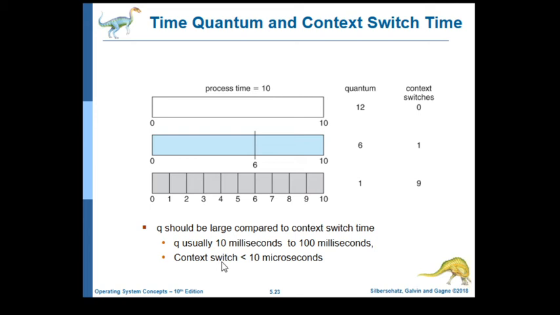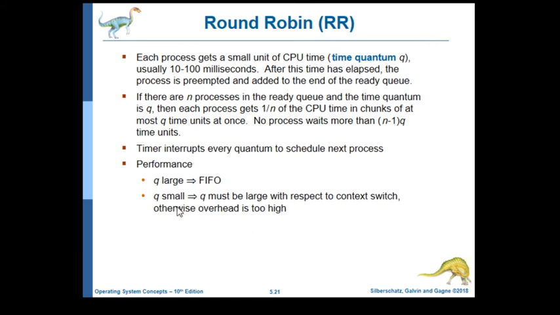As a conclusion, although the time quantum should be large compared with the context switch time, it should not be too large. As we pointed out earlier, if the time quantum is too large, round-robin scheduling degenerates to a first-come, first-served policy.